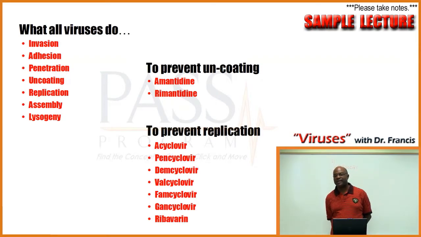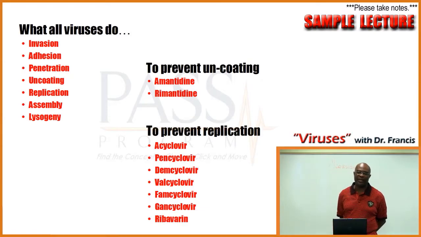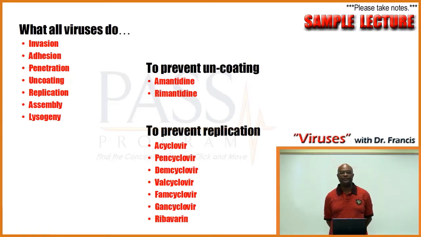Notice there are not that many antiviral drugs on the market. Why is that? That's because there's not much money to be made from it. Why would a drug company invest $100 to $200 million to develop a drug that only a few people are going to need? The reason is to remember this. 99% of viruses are going to go throughout your system. Most of them, over 90%, don't even cause an illness.